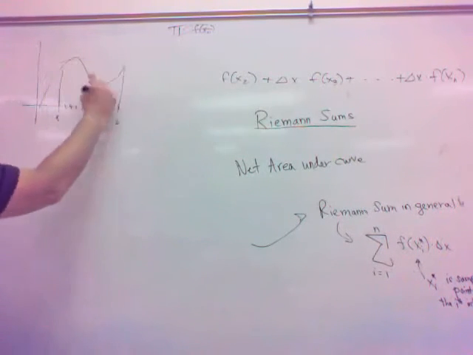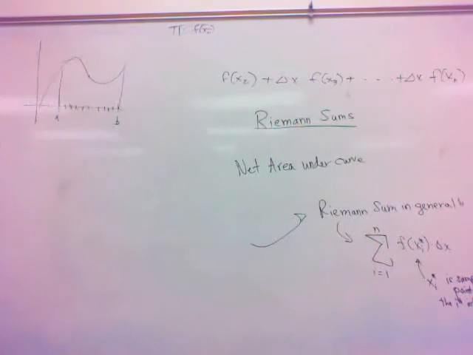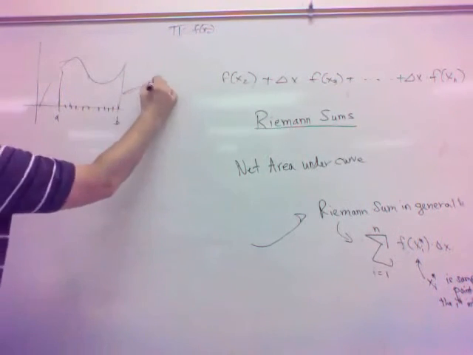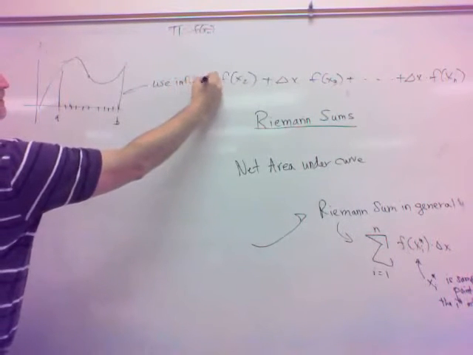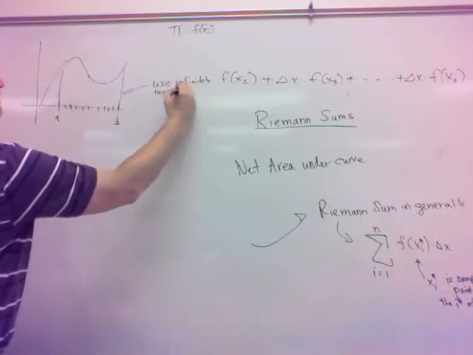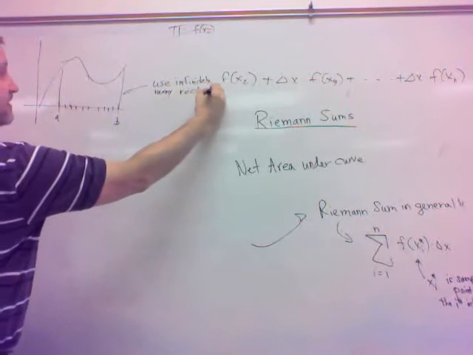If I have infinitely many rectangles, they're so very small I can't even see the difference from one strip to the next. They're infinitely small. So if I have infinitely many rectangles, that'll get you your exact area, right?